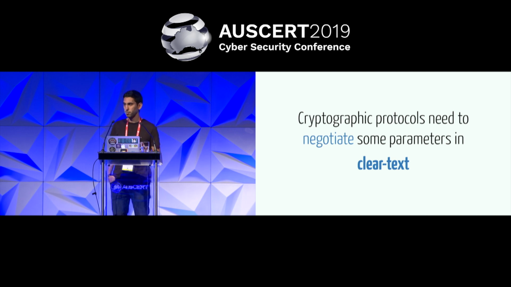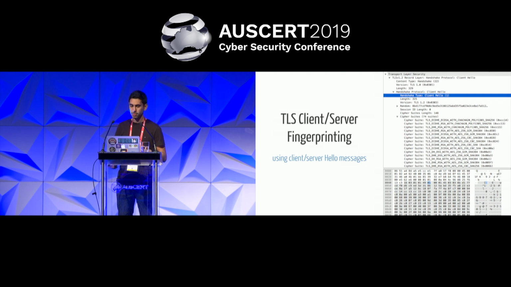So it doesn't matter which cryptographic protocol you use, SSH, RDP, TLS, they have to negotiate some parameters at first. So let's see how we could fingerprint the connections using these parameters we have in clear text. I'll start with TLS because my main focus in this research was on TLS, and then I expanded to RDP and other protocols as well.